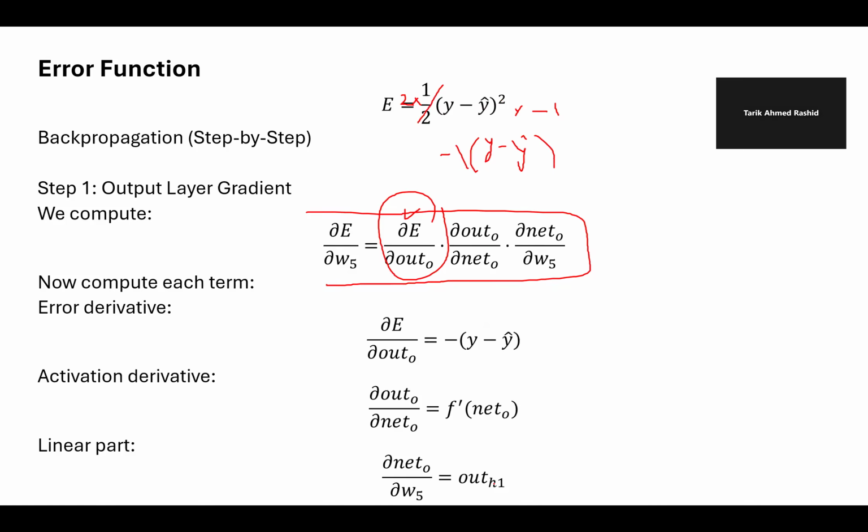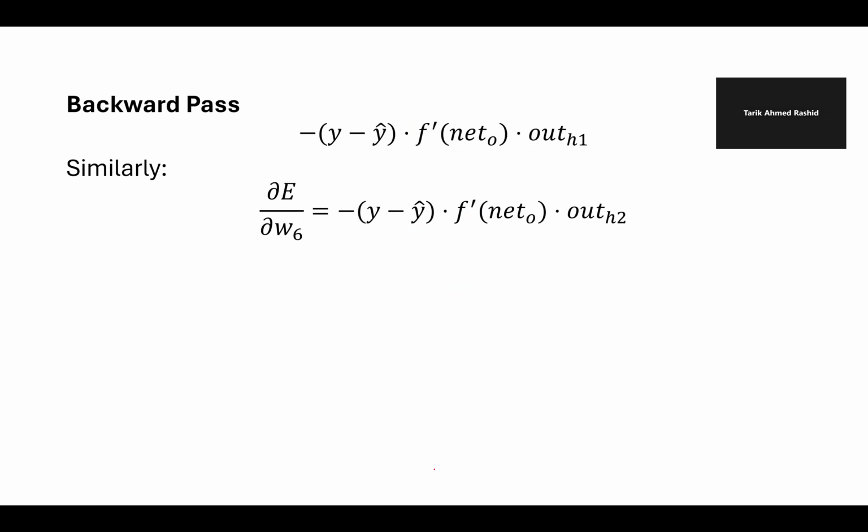That's done. For the activation function, there will be a derivative, depending on the activation function. In the practical example, I will explain all this mathematically, so you don't have to worry too much about it. Then for the net, you get that term for the output. So three terms: the first term, the second term, and the last term. Then you get the same thing for ∂E over the other weight in the output layer.